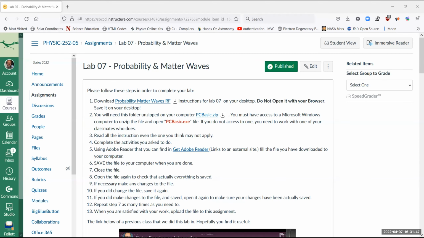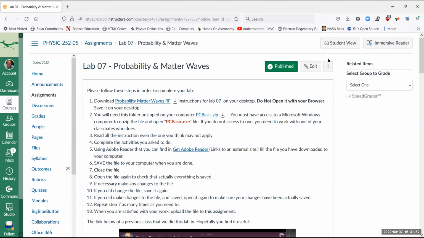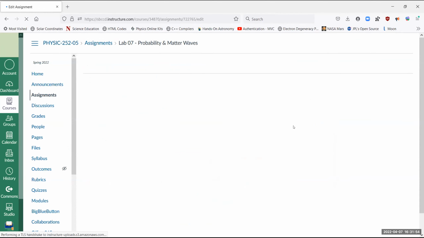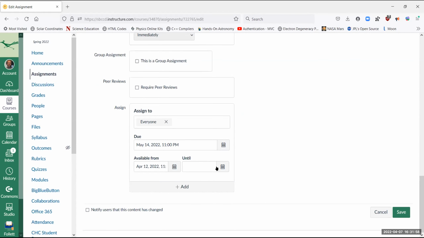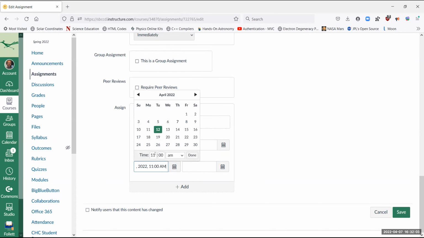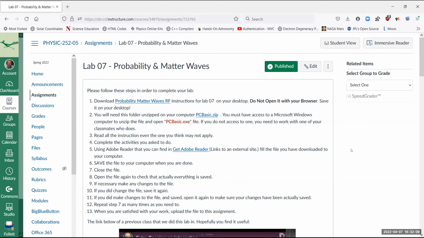It's locked? Why is that? Oh, 11 a.m. Why is that? It's locked until April 12th. Let me fix that. I don't know why it's like that. Can you guys see it now?